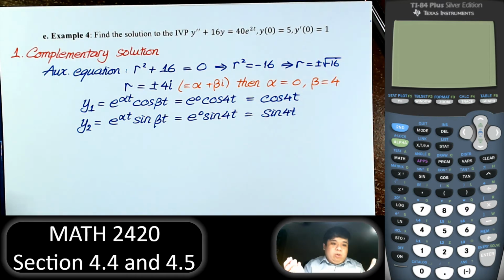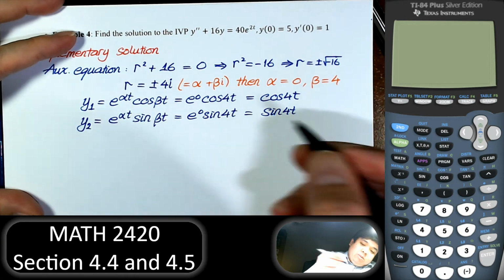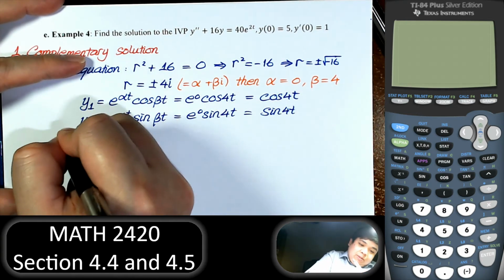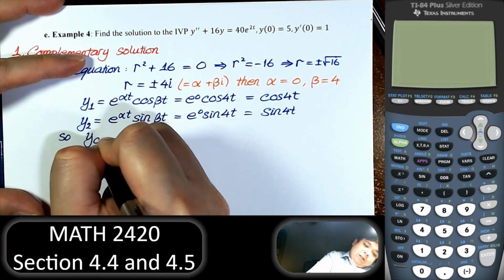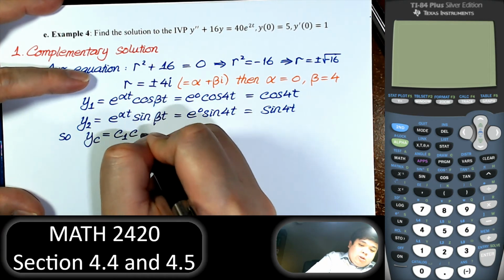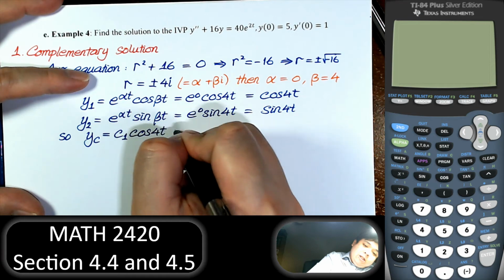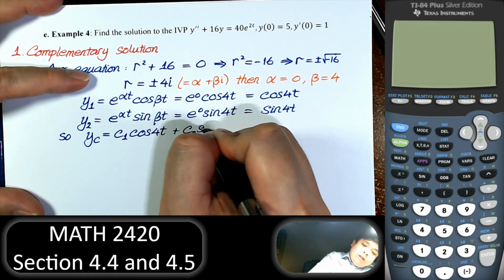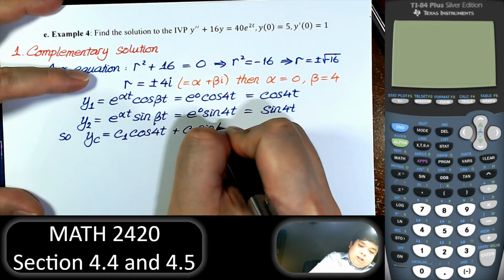So let's just cosine sine here. So our complementary solution is equal to c1 cosine 4t plus c2 sine of 4t.